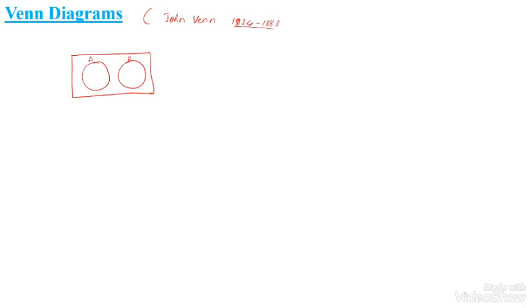The whole rectangle represents the universal set, and the elements of the sets are written in their respective circles.